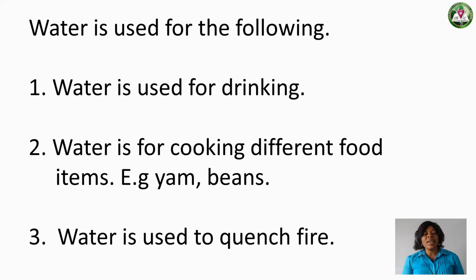Then we said water is used in many ways. Water is used for cooking different food items. Water is also used to quench fire. We can also use water for transportation. Water is also used in the pharmaceutical industries.